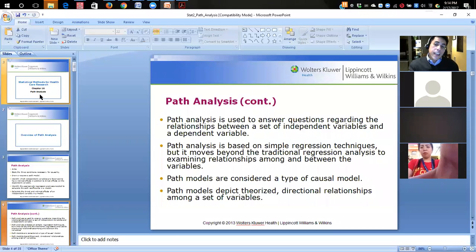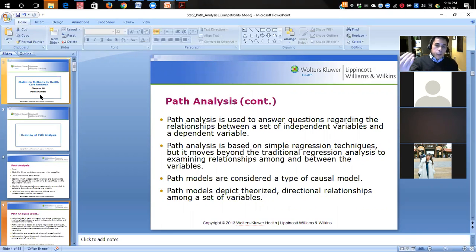Then exercise is the effect. That's it. That is the direction of your theorized path of cause and effect. You cannot add, after exercise, another variable. For example, what could be other things? Socioeconomic status. Then it violates the recursive path.